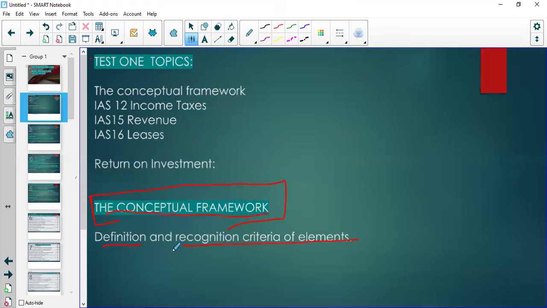So you should be able to define income, and define recognition criteria for income, assets, liabilities, equity, and expenses.